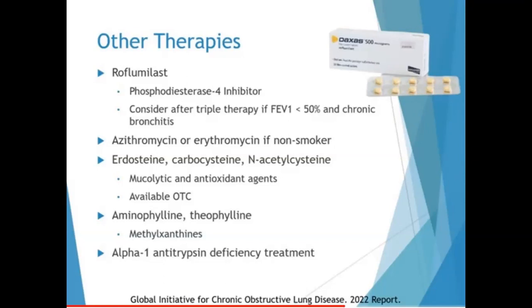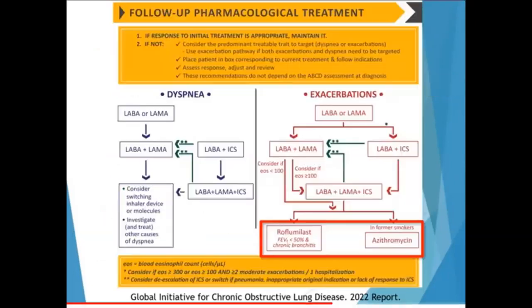We also measure the alpha-1 antitrypsin level to find out if the patient is deficient or not. Usually, if the level of antitrypsin falls below 50 milligrams per deciliter, it is recommended that you do alpha-1 antitrypsin augmentation therapy. And so this is more of a flow chart of how the various groups of medications could be used in the management of COPD.